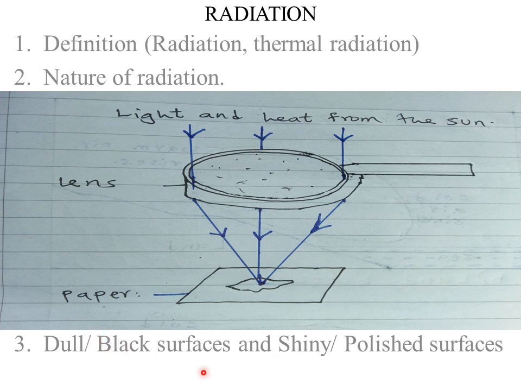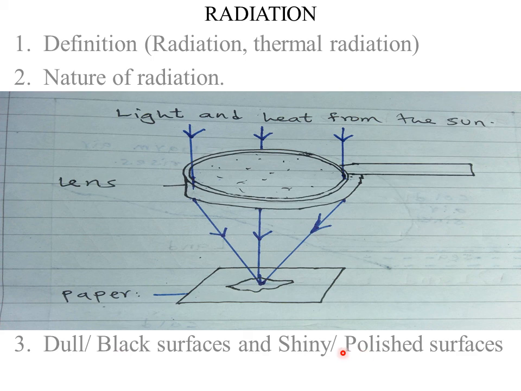It is observed that the water in the black basin gets warmer faster than the water in the shiny basin. The reason is that the black or dull basin absorbs heat faster than shiny or polished surfaces.